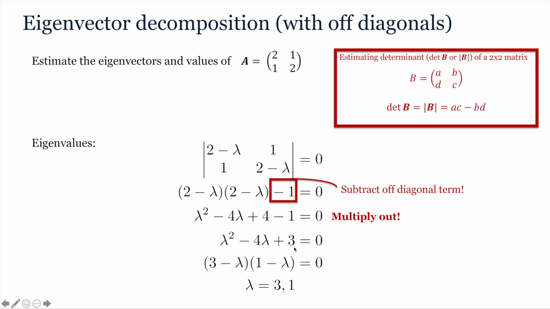This will then refactorize as 3 minus lambda and 1 minus lambda, which is what we had before, because 3 times 1 is 3 and minus 3 minus 1 is minus 4. So we get the same eigenvalues that we had for the previous diagonal matrix.